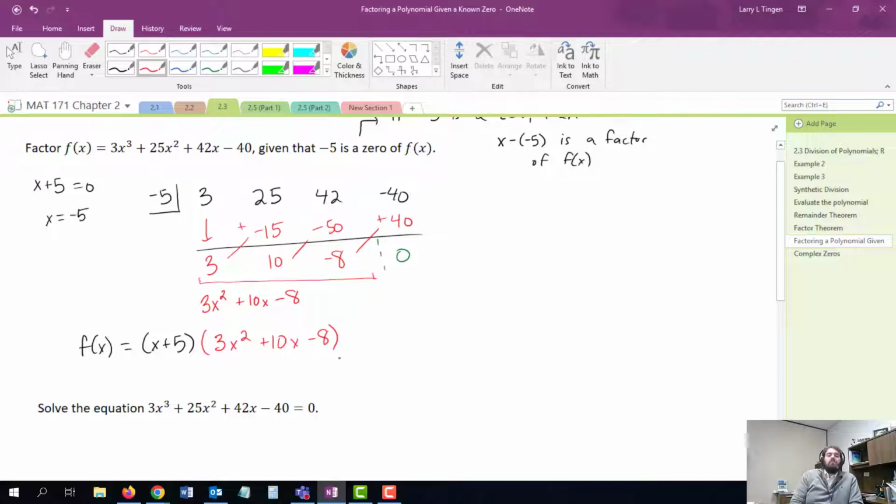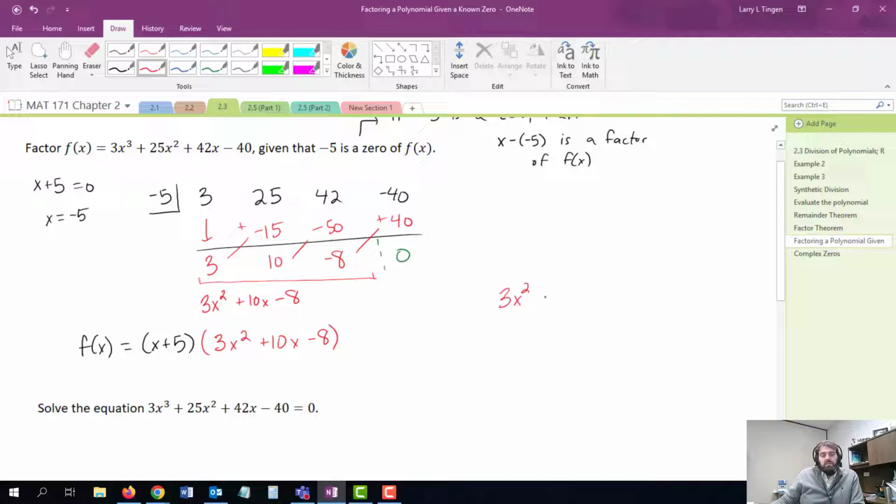All right? Am I factored all the way yet? No, not yet. I got 3x squared plus 10x minus 8. Can I factor that more? Probably. Let's come out here to the side and deal with it.